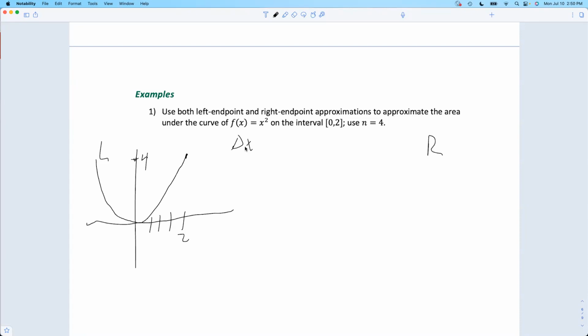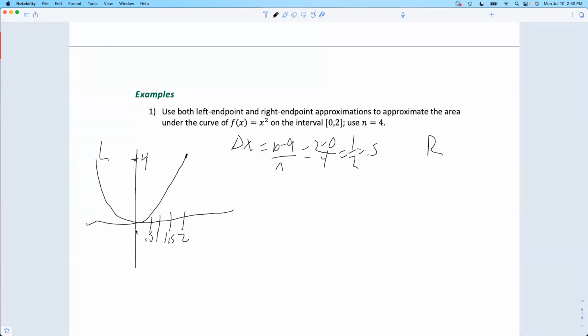Okay, so let's figure all these out. My delta x is always b minus a over n. That's how wide each of these will be. So that's 2 minus 0 over 4. I'm counting by a half, 0.5. So this will be 0.5, 1, 1.5, and 2.